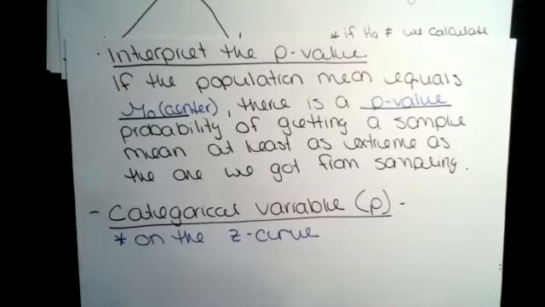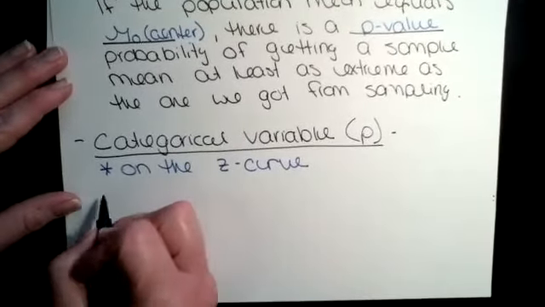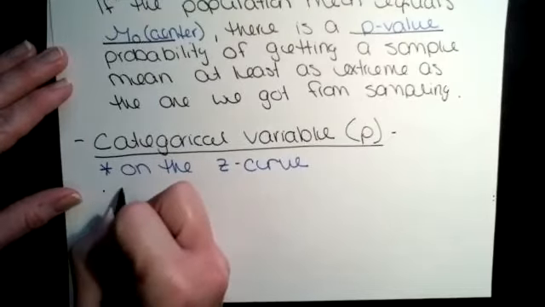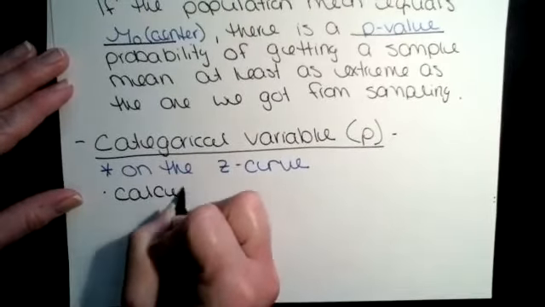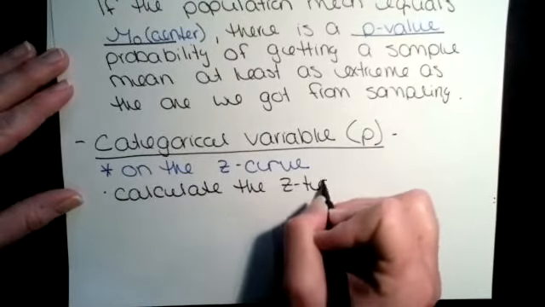Remember, the z-curve has a center of 0 and a spread of 1. So we're going to do the same thing that we did before. We're going to calculate the z-test statistic.